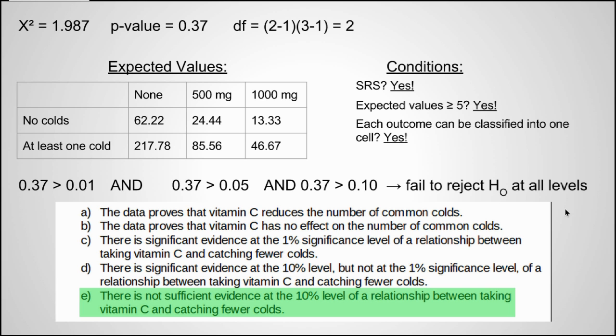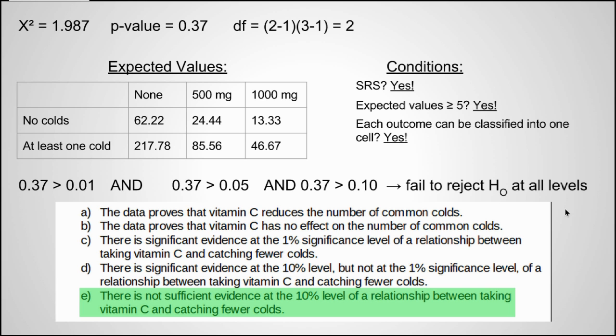It wasn't A because correlation does not equal causation, and we only knew that the two were not independent. So there was really no relationship established because we weren't checking for dependence. Dependence would mean that there was some kind of relationship.